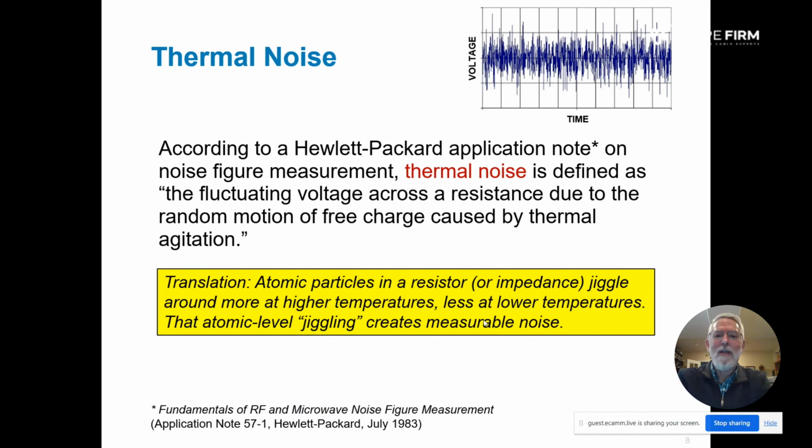The application note actually does a pretty good job of describing the physics in a few sentences, but we won't go there because we don't want people to fall asleep before we get to the end of today's presentation. Yeah, I think that would put them to sleep. So that is pretty interesting. I mean, it's interesting to think about that a simple resistor or an impedance can generate thermal noise, and yeah, it can.